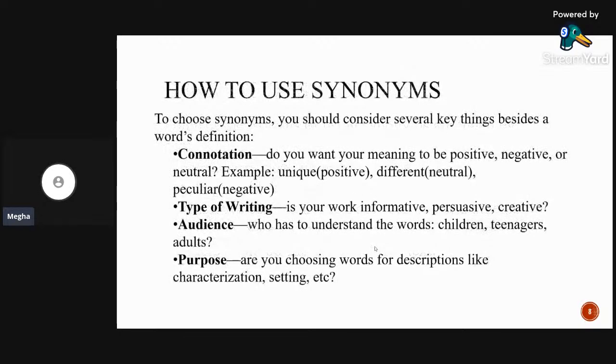Okay, so how to use synonyms? To choose synonyms, you should consider several key things besides a word's definition, that is connotation. Do you want your meaning to be positive, negative, or neutral? Like there was an example where old people, senior citizen was mentioned, right? So how do you want to portray whatever you are saying?